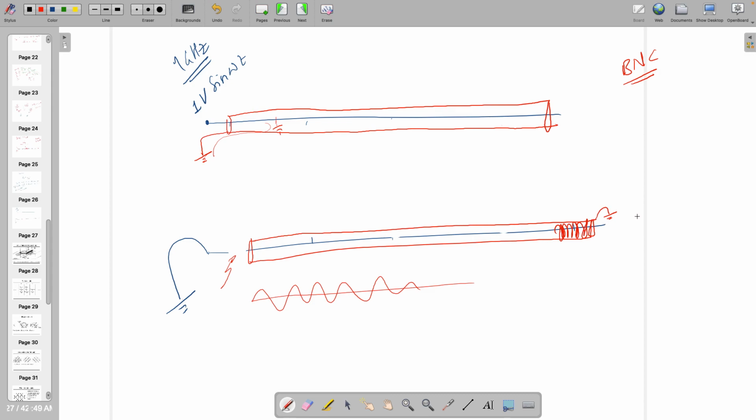The outside steel connector is ground, which is connected to the oscilloscope, and that goes to the chassis of that instrument, and that chassis is grounded, or it goes to the earthing, right? So it's the least-resistance path which is going to take all the noise to ground, right?